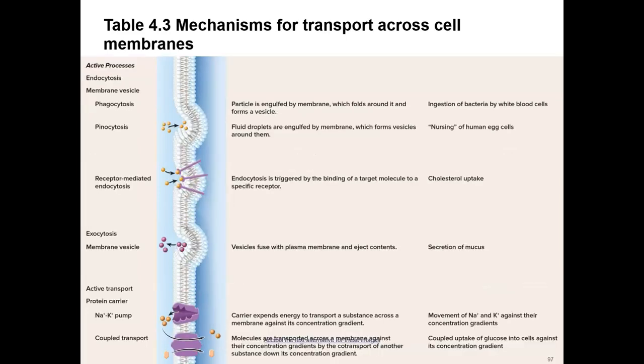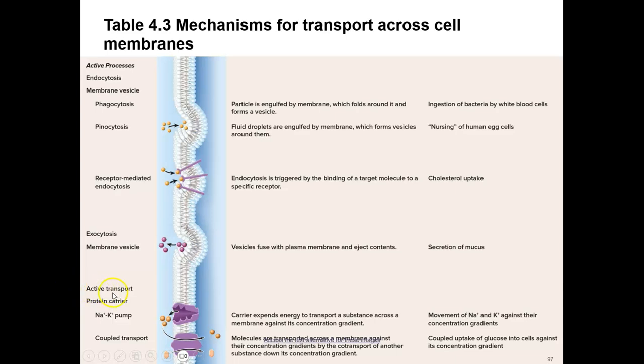And then here we have our active processes. So the folding of the membrane to bring things in and out, whether that is coming in with endocytosis or out with exocytosis, whether or not it is using these receptors for receptor-mediated endocytosis, these are still going to require energy. So that's why they're active processes.